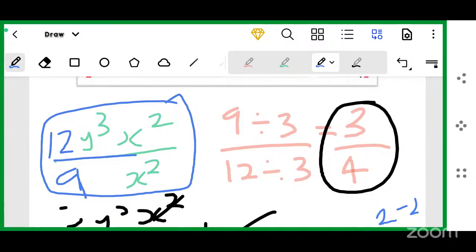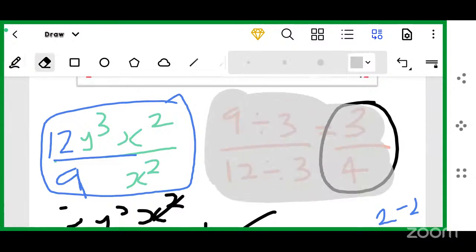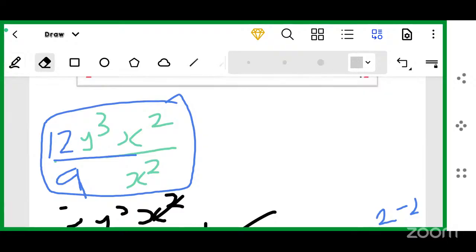Ma'am, I got 12y to the power of 3 divided by a. Okay, let me see. Oh, you are treating this as an a. So it was a 9, but I'll calculate on my side.